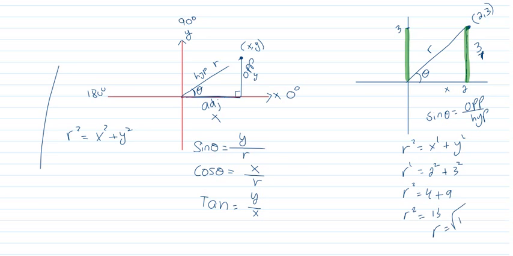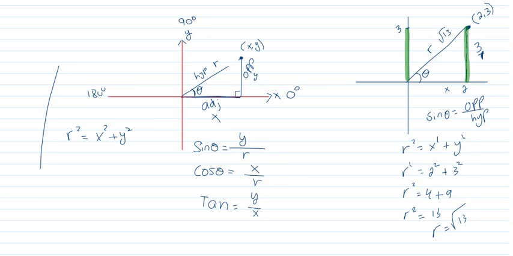R is going to be positive no matter what, because when I square, even if the x and y are negative, when I square them, it's going to give me a positive value. Right? Negative 2 squared is? What's negative 2 squared? Positive 4. Negative 3 squared is? Positive 9. So no matter what, they're going to give me a positive number even when I add them. Okay? So the radius is going to always be positive. Okay, let's look here.